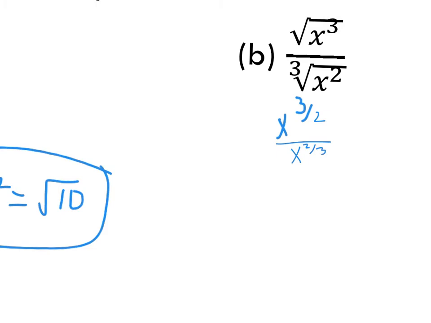And because we're dividing, we're going to subtract the exponents. So x to the 9/6 divided by x to the 4/6 gives us x to the 5/6, or the 6th root of x to the 5th.